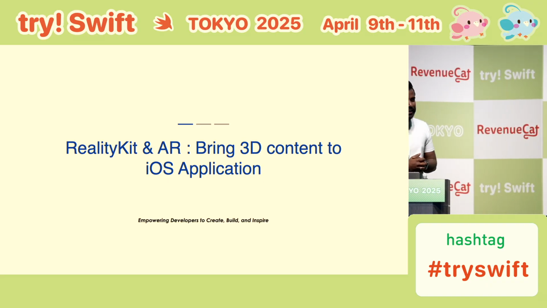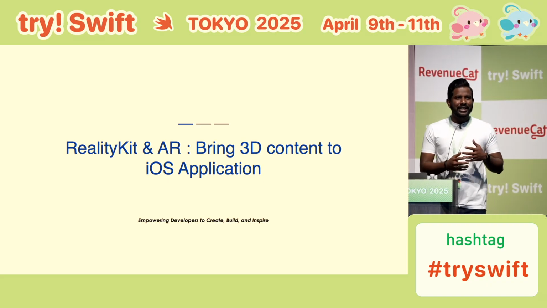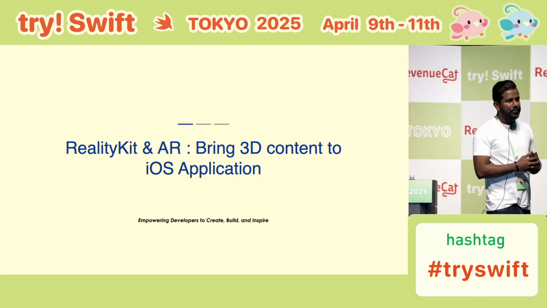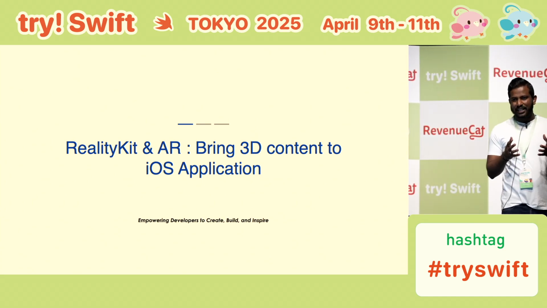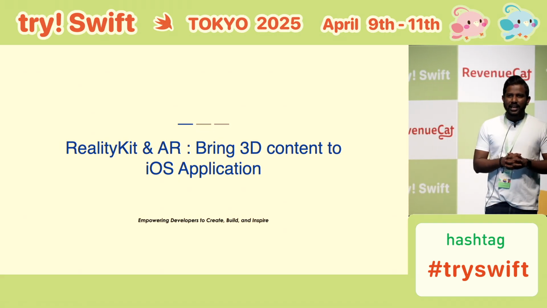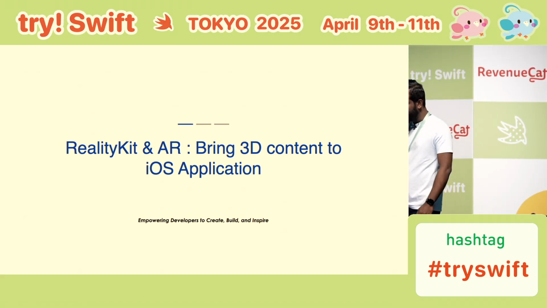But in my session, I'm going to talk a little behind the scenes. Let's say, as a developer, how you identify these things and how you create this kind of 3D stuff.